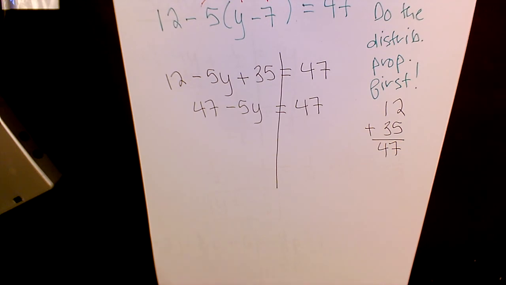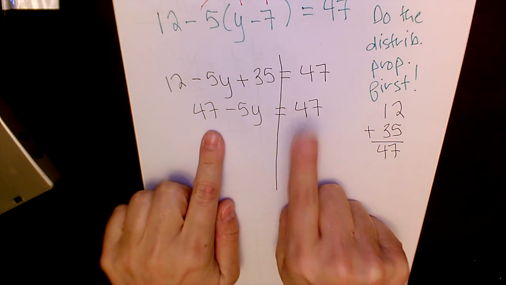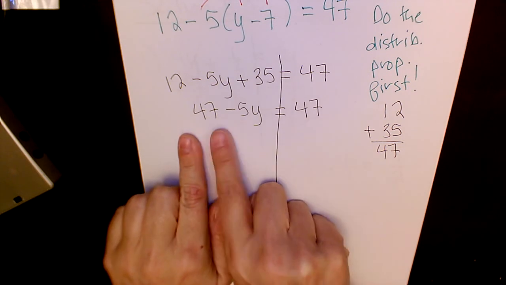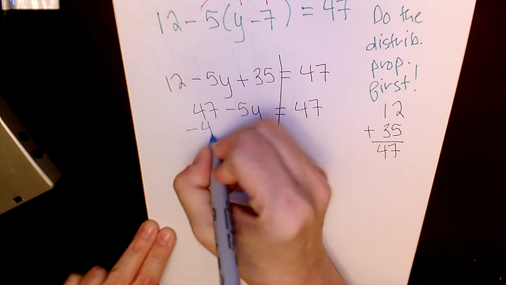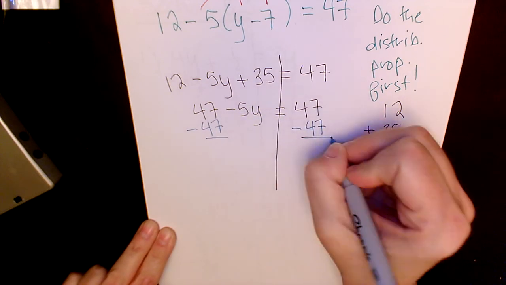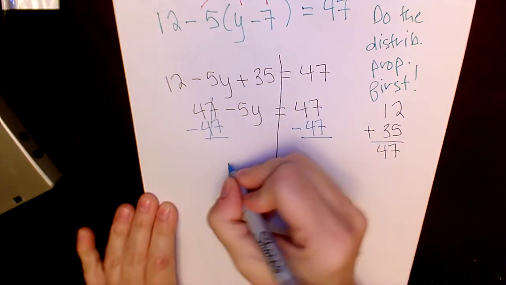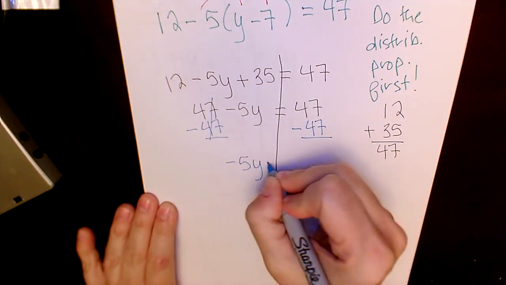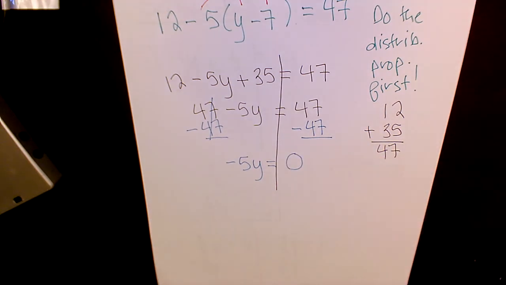Okay. This side has more, and I've got numbers on both sides, so I'm going to start over here. And how can I get rid of that 47? I'm going to take away 47. So that's gone. And 47 minus 47 is 0.